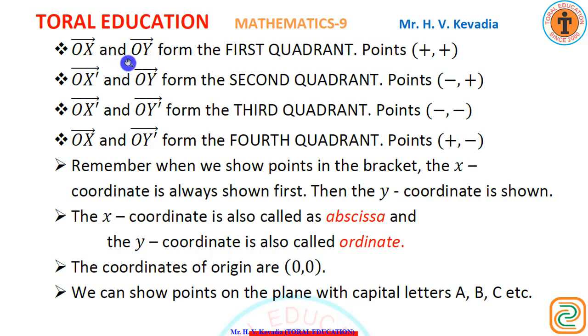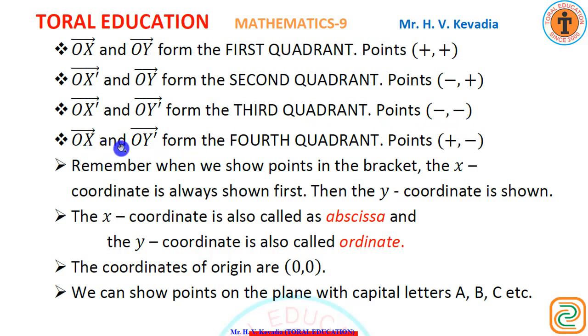OX and OY form the first quadrant. Points plus plus. Ray OX dash and OY form the second quadrant. Points negative positive. OX dash and OY dash form the third quadrant. Points negative negative.